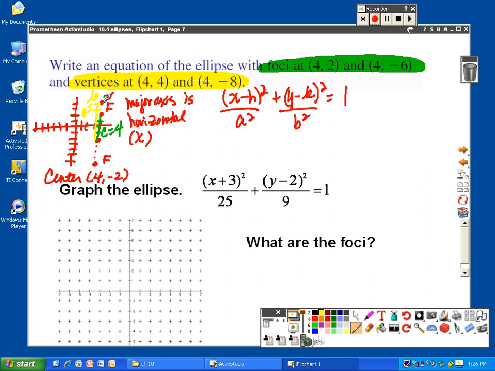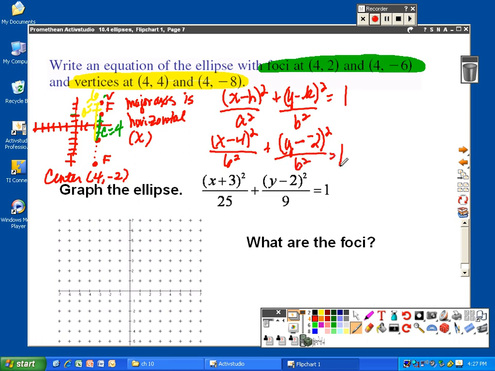Which means (x minus h), my center is 4, squared over a squared. A is 6, so it would be 6 squared, plus (y minus k), k was negative 2, squared over b squared. I don't have that, I still need to find that.